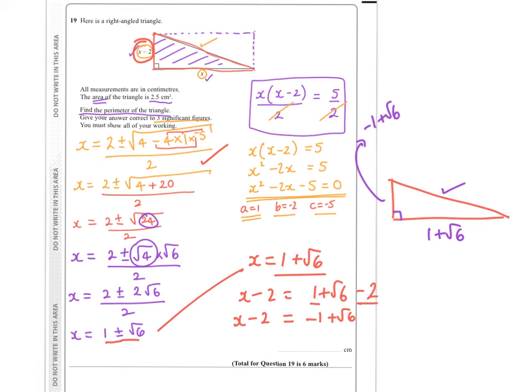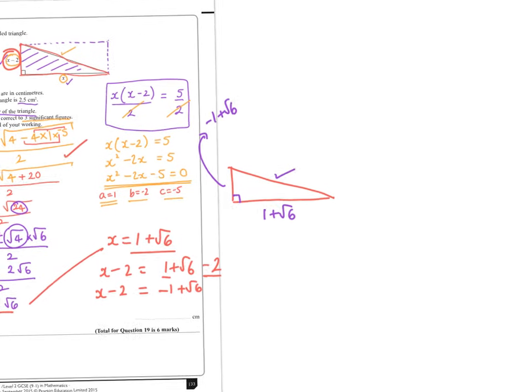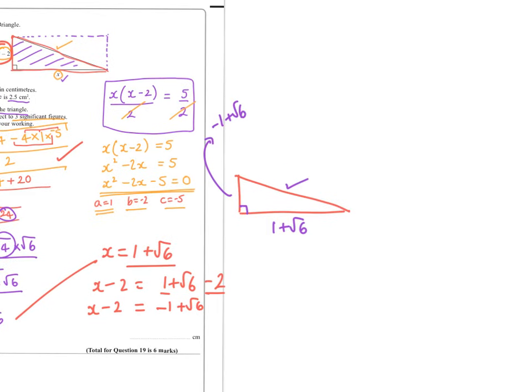Now, for those that don't want to watch anymore, that's absolutely fine. You don't have to. You can just skip to the end and use Pythagoras on your calculator and see if you got the same answer. For those that want to look at this without a calculator, well, let's have a look. So we'll square this one here.